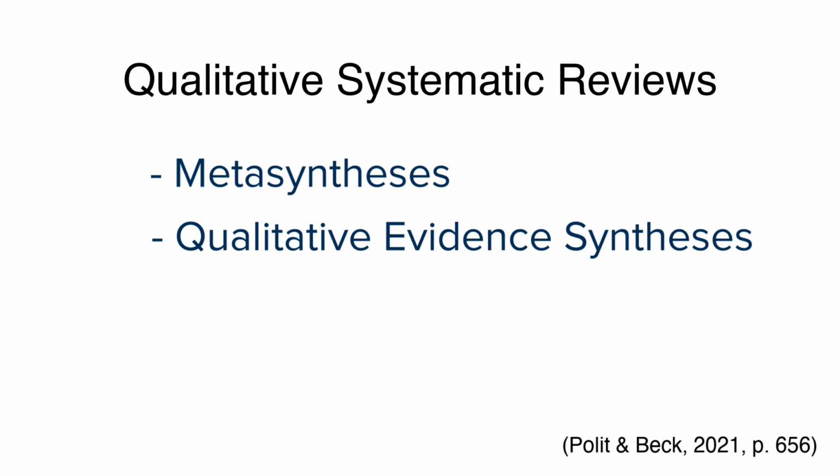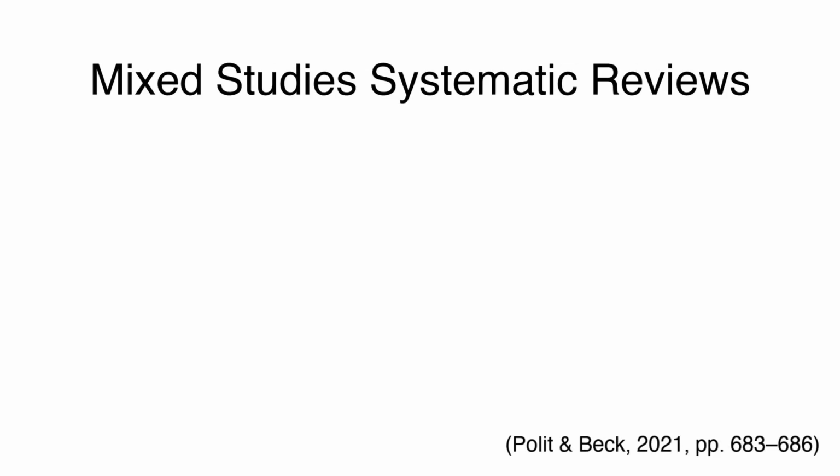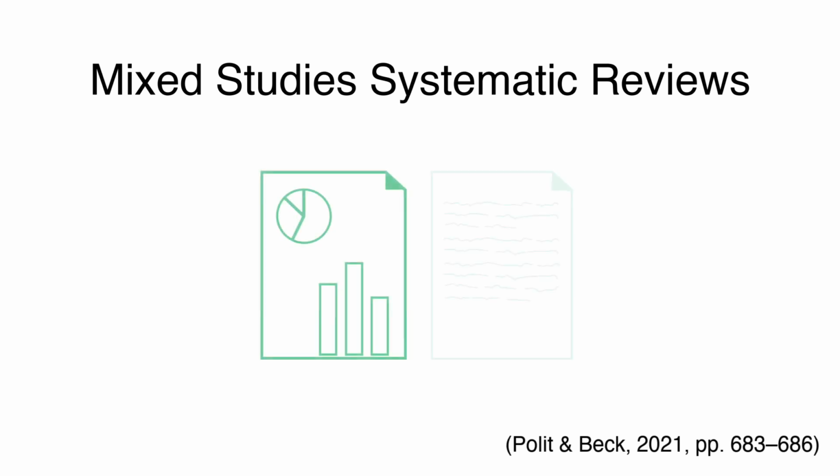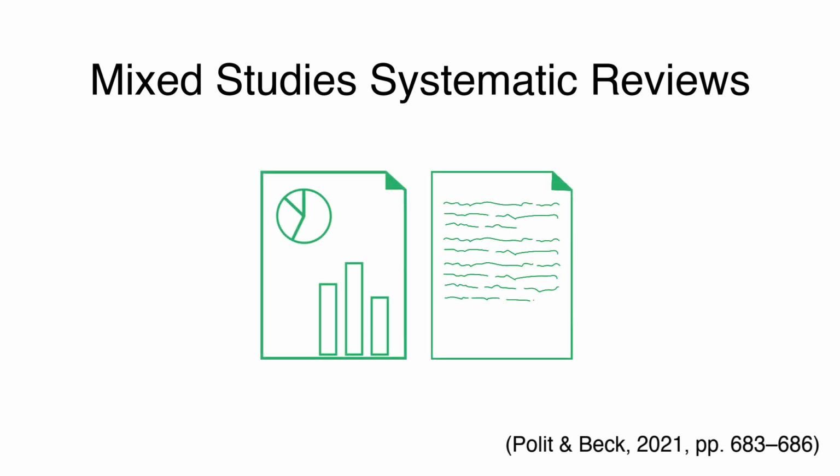Metasyntheses collect phenomena or experiences, and qualitative syntheses record qualitative aspects of interventions. Mixed study systematic reviews integrate findings from both quantitative and qualitative studies. Mixed studies can show the complexity and fuller understanding of a research problem. Mixed studies also address different perspectives and provide strong and meaningful results.